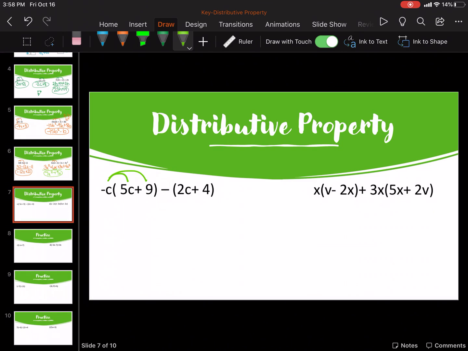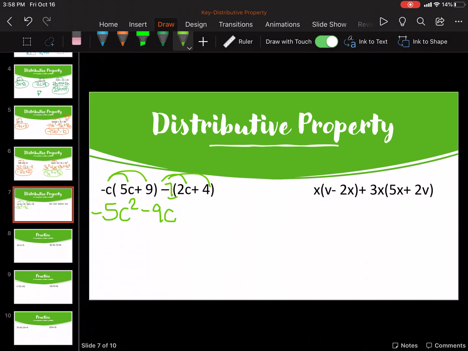Okay, here we go. Notice I'm distributing twice because the negative c has to be distributed and this negative 1 has to be distributed, and then combine like terms. So negative c times 5c is going to be negative 5c squared. Negative c times 9 is going to be negative 9c.